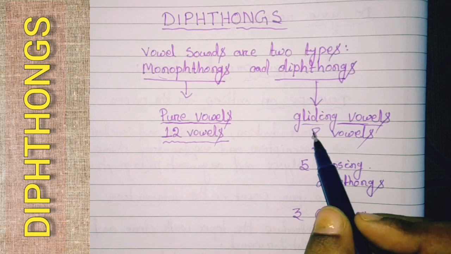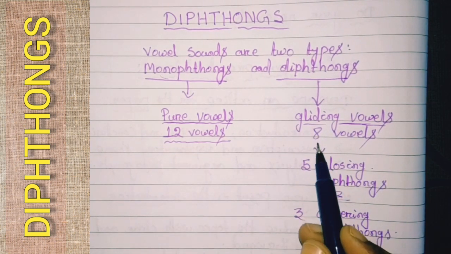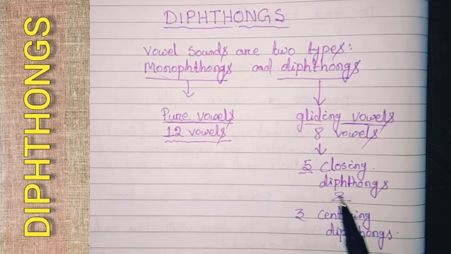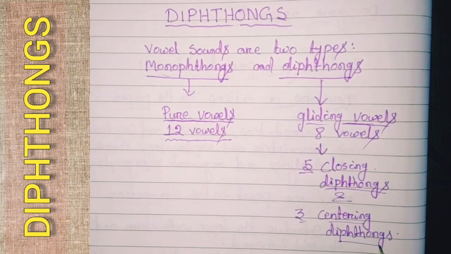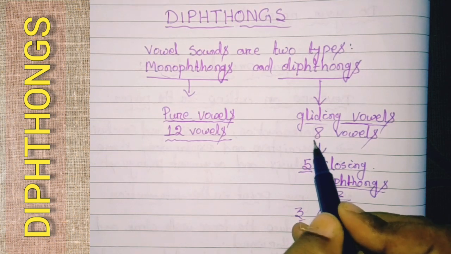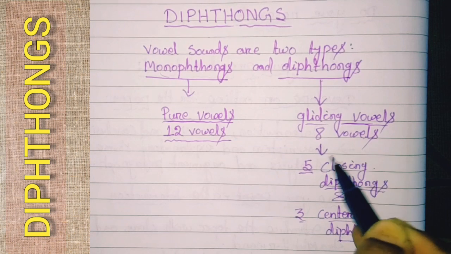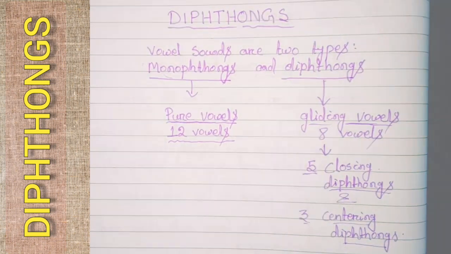That's why it is called a gliding vowel. Of the 8 gliding vowels, we have 5 closing diphthongs and 3 centering diphthongs. Today I will make you understand the 5 closing diphthongs clearly, and for that I will show you a figure.